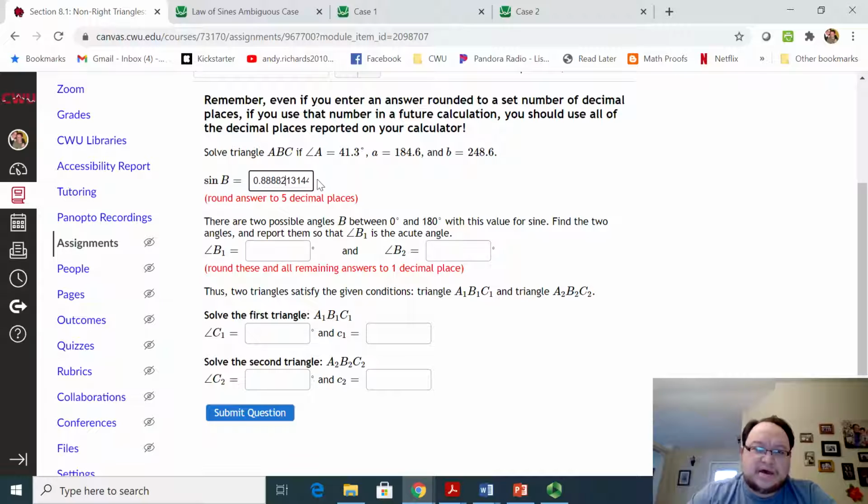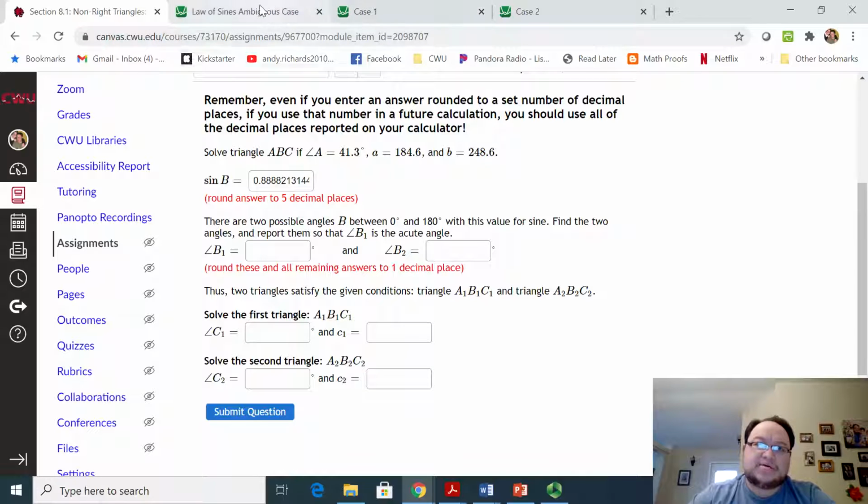Now the key here is that we know that sine of b is positive, and that creates two possible angles. When we figure out what b is, it could be in the first quadrant where sine is positive, but it could also be in the second. So that creates an ambiguous set of cases for us.